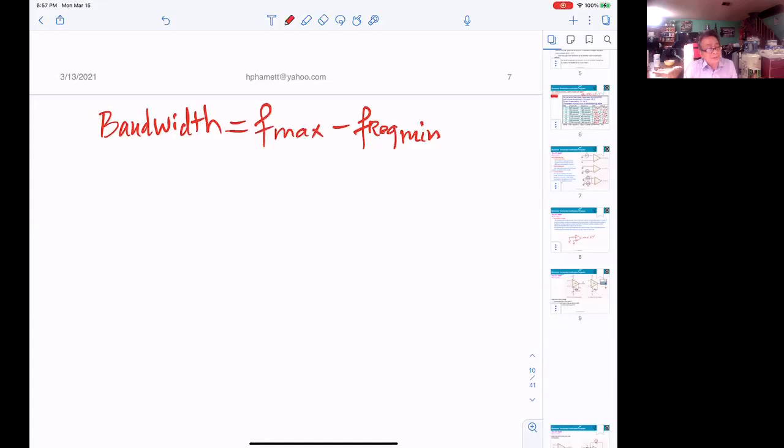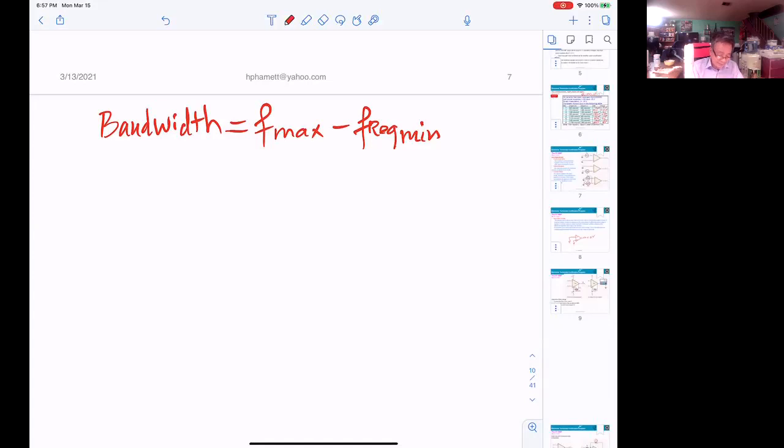What is the bandwidth of the voice? Standard bandwidth of voice is 3 kilohertz. That's just telling you for your voice, what frequency they can transmit it. 10 hertz to 20K.